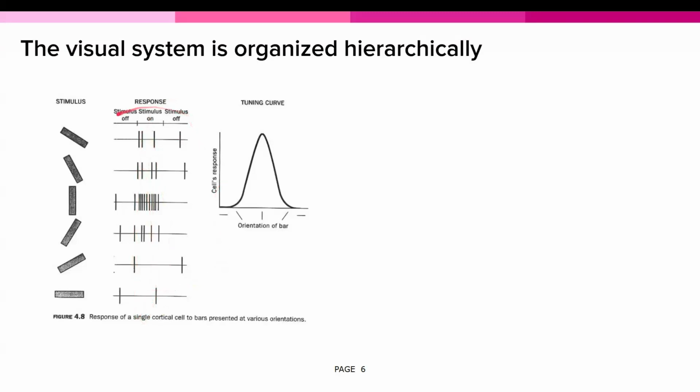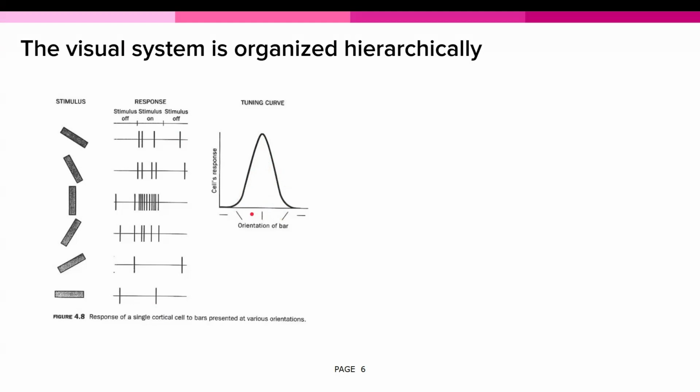And so we could aggregate this data to generate a plot of the cell's response, so the number of spikes that occurred during the stimulus presentation period against the orientation of the bar. And that would give us a tuning curve, which would show that the cell's response is strongest at its preferred angle, and then it decreases when the orientation of the bar diverges from that ideal.